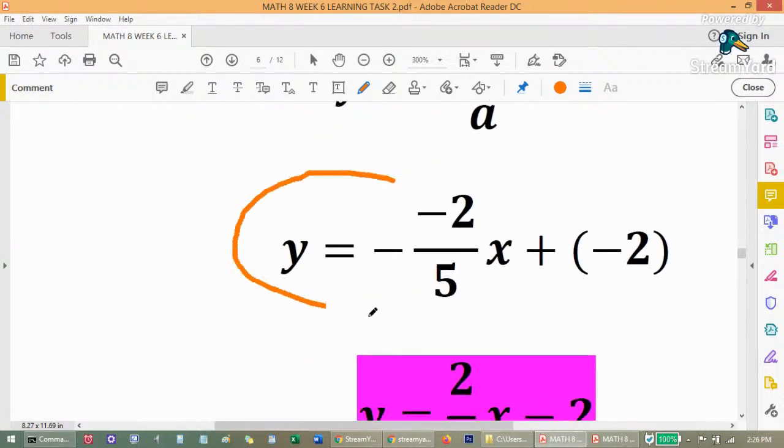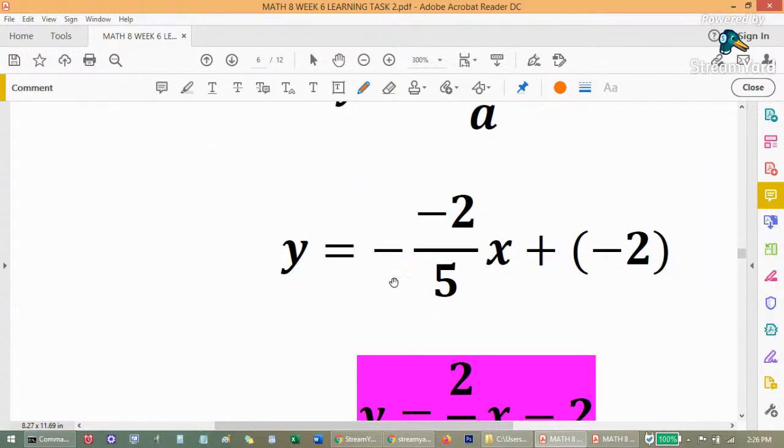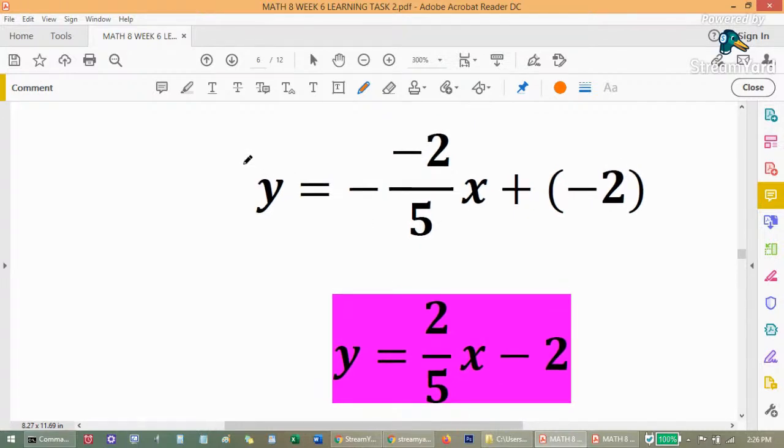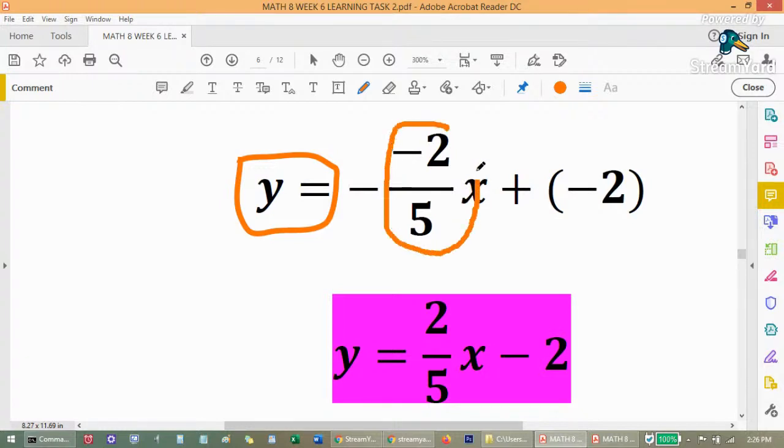So, kung ipagpapatuloy natin tong current equation natin, open lang natin ng y is equal to, and then negative times negative, so magiging positive to. No? Itong dalawang to is negative times positive.